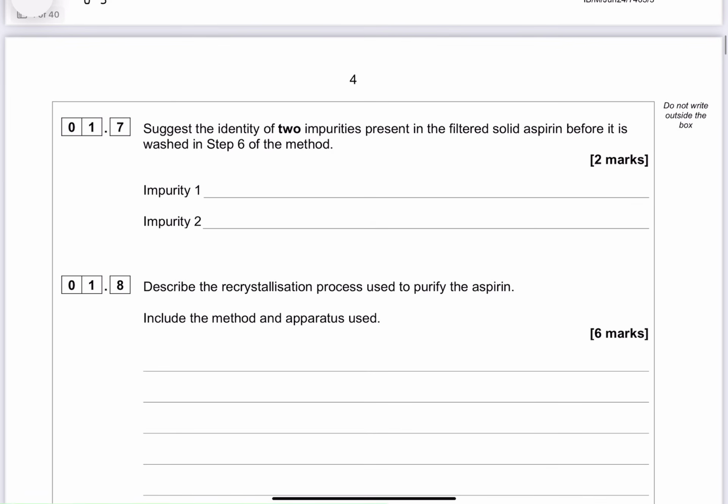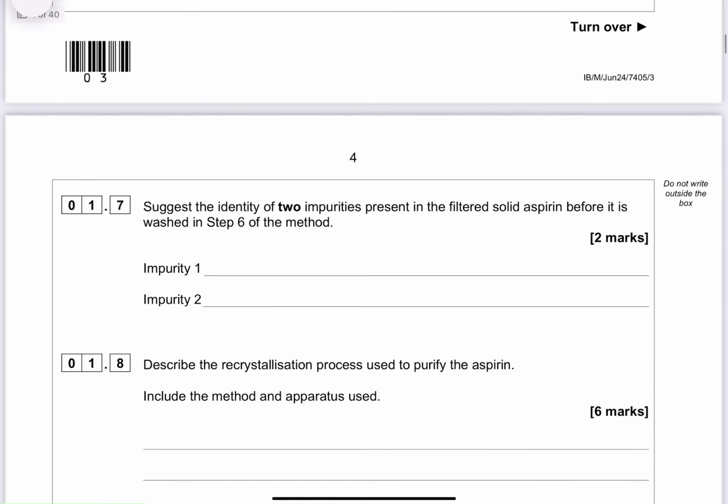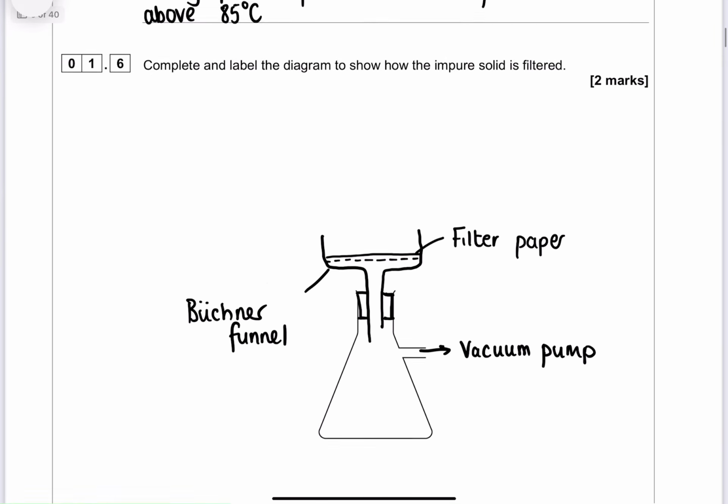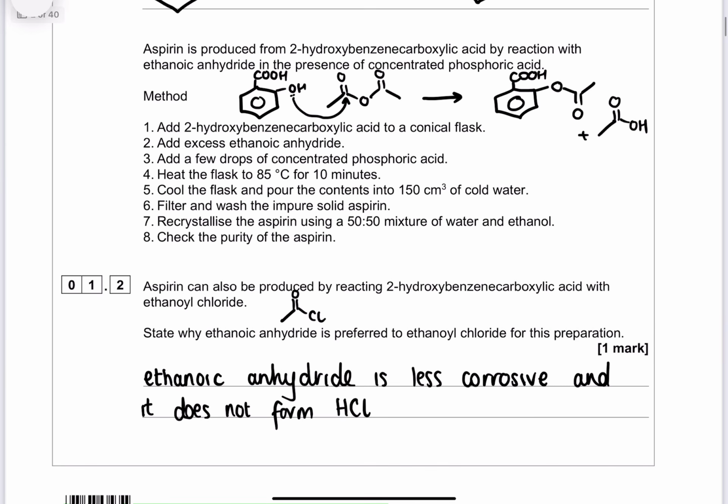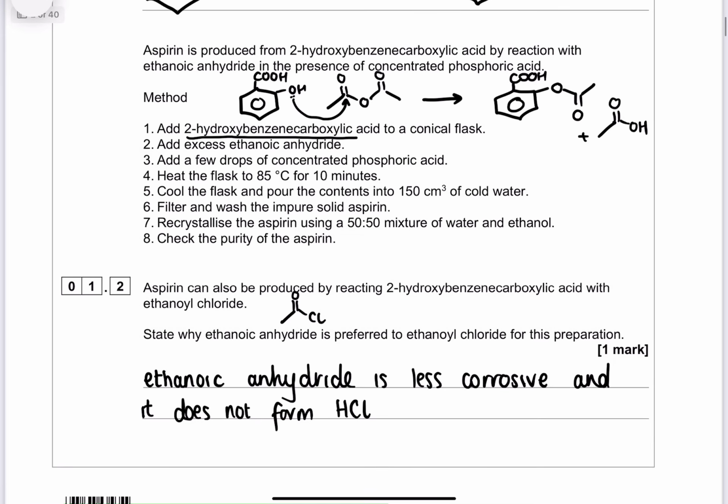Suggest the identity of 2 impurities present in the filtered solid aspirin before it is washed. So we want to go back and think about making our aspirin. Anything that we used, so there may be unreacted 2-hydroxybenzene carboxylic acid, there may be ethanoic anhydride, there may be phosphoric acid, and there may be this product ethanoic acid that we've made.